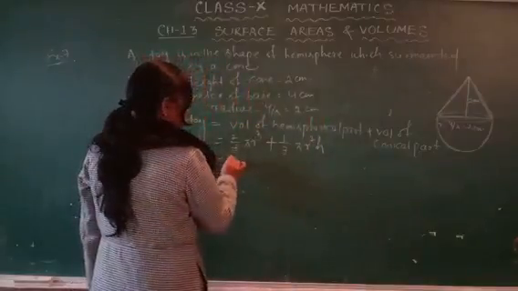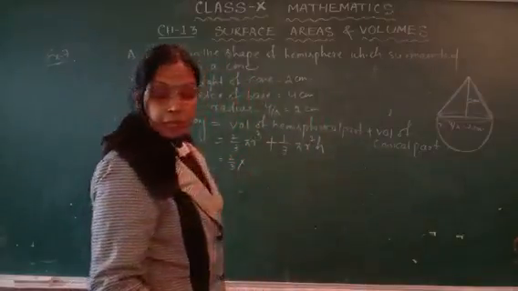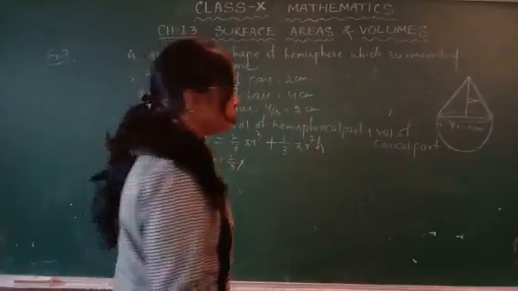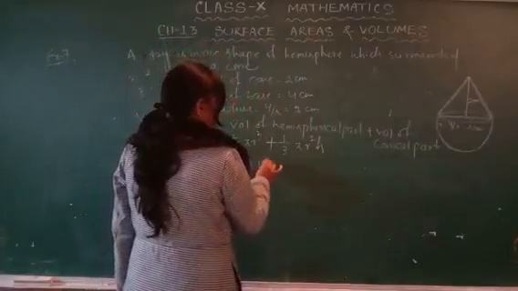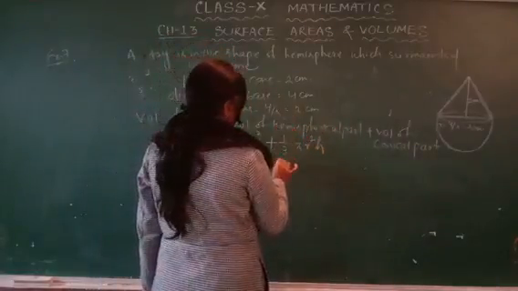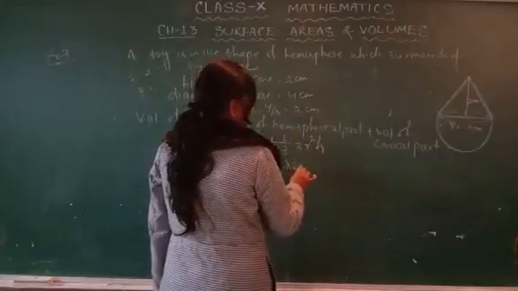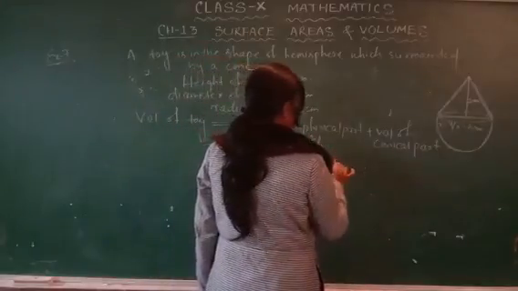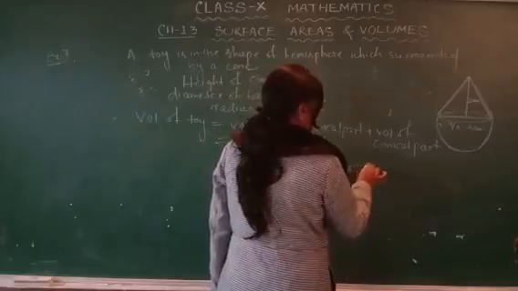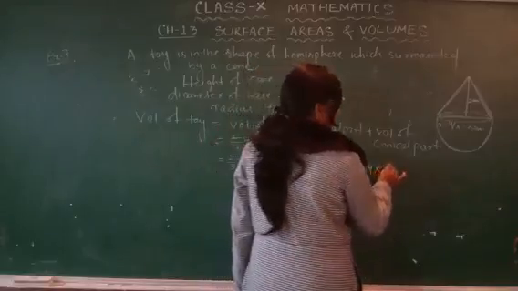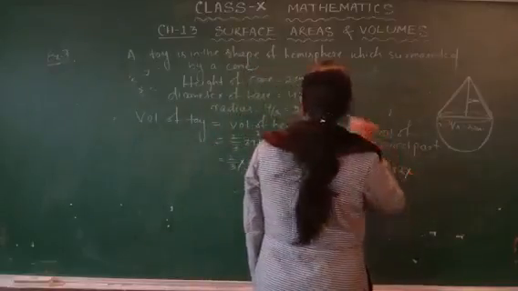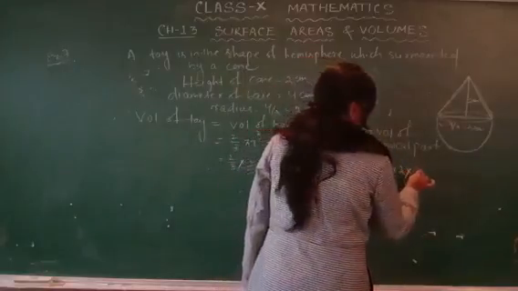So here you write 2 upon 3, pi is given as 3.14, into r is 2 into 2 into 2, plus 1 upon 3 into 3.14 into r is 2 into 2. h is also 2 centimeter.